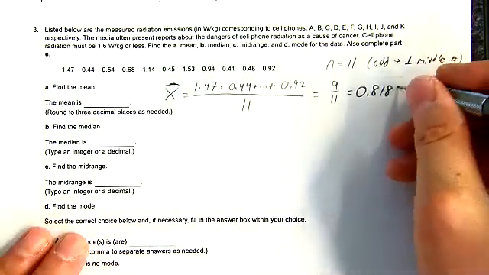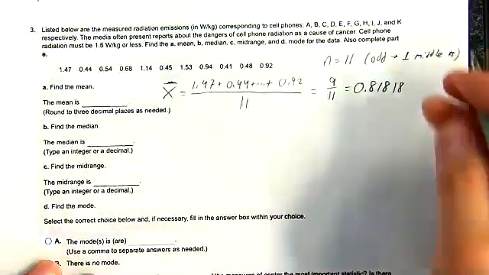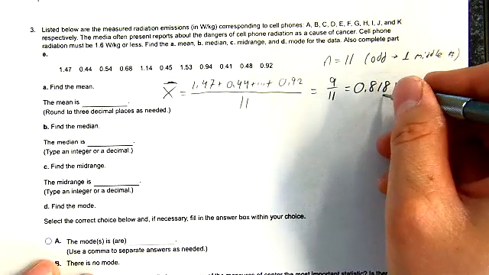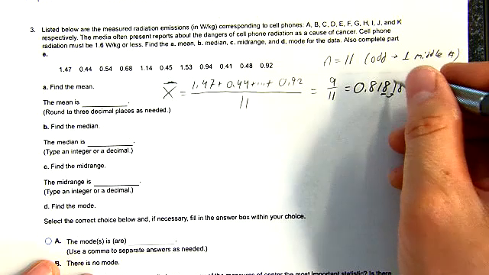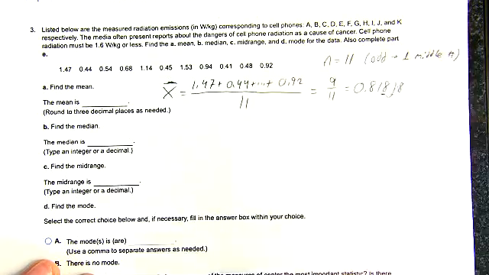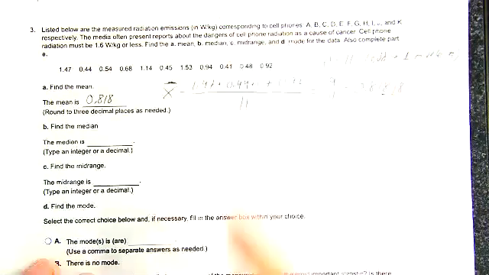It's actually 0.81818. It just keeps repeating. And to round to 3 decimals, we're at the third spot. We look to the right, it's 1, which is less than 5, so we just dump these. So we'd call it 0.818.